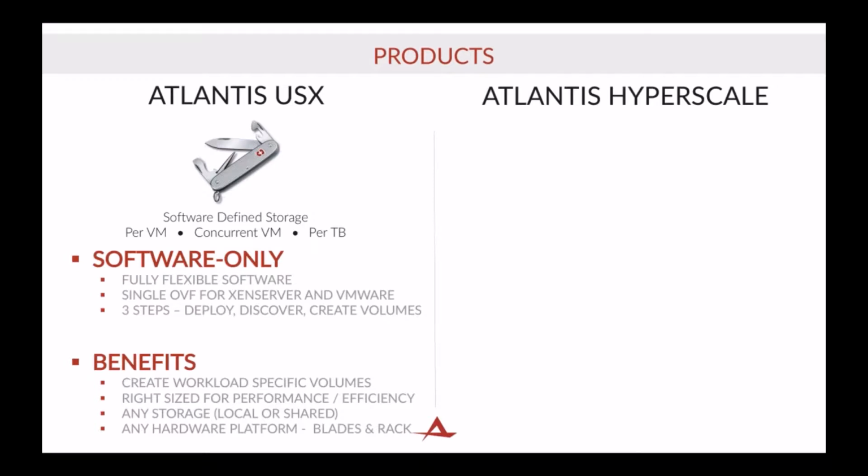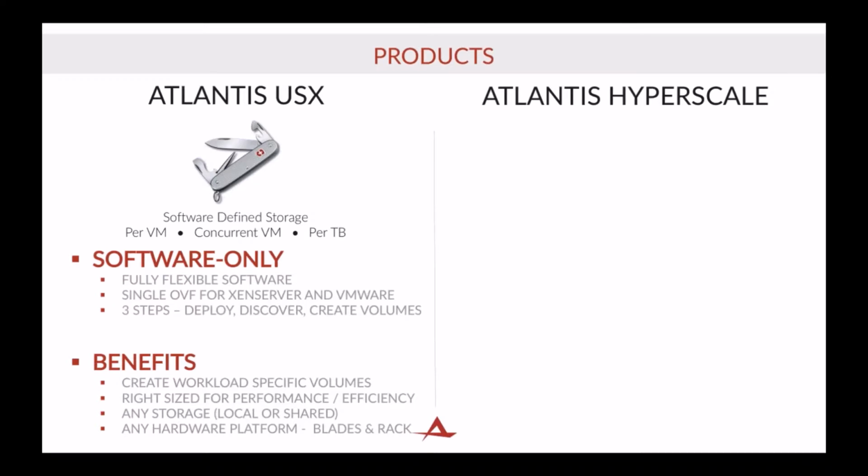You are able to right-size your performance and efficiency characteristics for your applications. So you can create volumes which provide enough performance, IOPS, capacity, data services, and efficiency for those applications because USX provides you the benefit of any hardware platform as well, Blades or Rack.